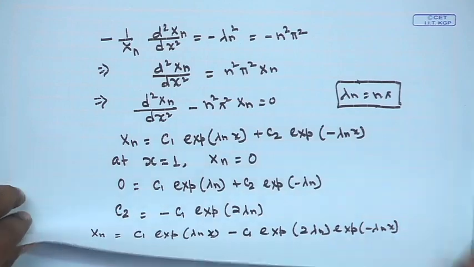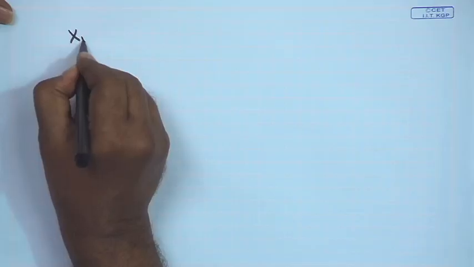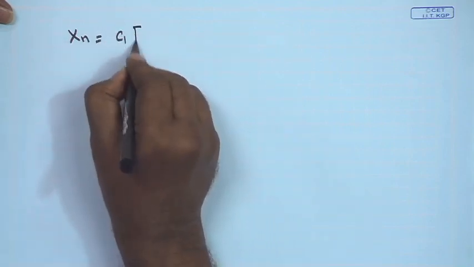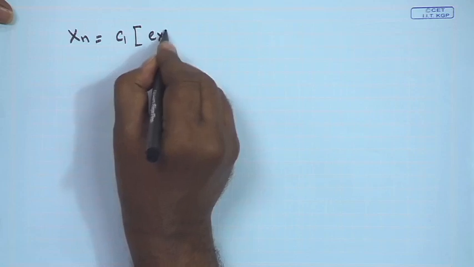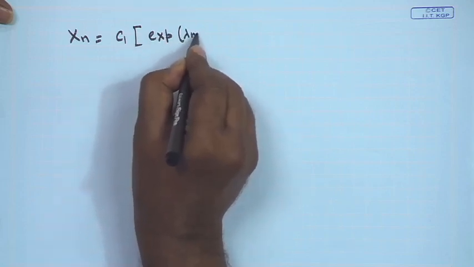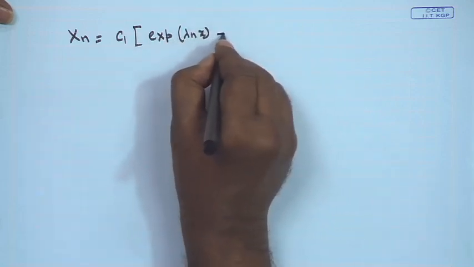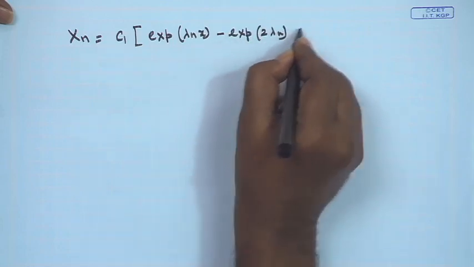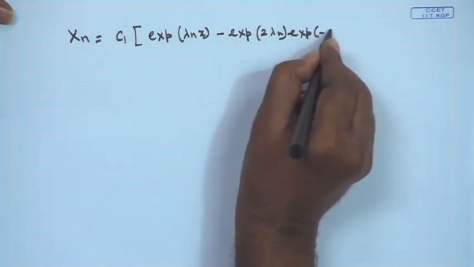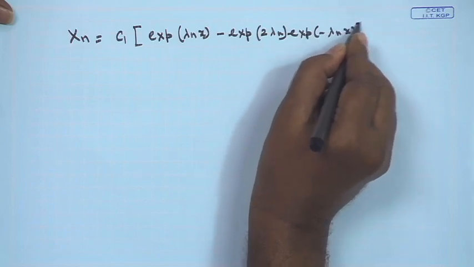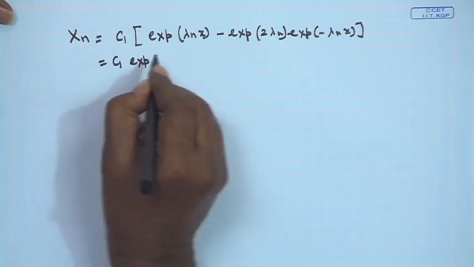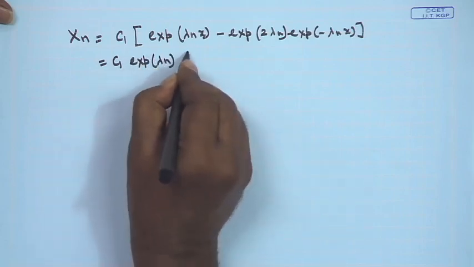So, we take C 1 common. So, that will give you exponential lambda n x minus exponential 2 lambda n exponential minus lambda n x, and then we take exponential lambda n common outside.